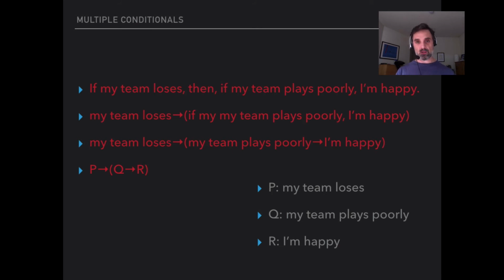So we have a conditional, the antecedent is P, the consequent is the unit Q, arrow, R. We make the consequent a unit because we took Q, arrow, R, and we put parentheses around it. That makes it a unit, and then we can put that in the consequent of another conditional and put the P in the antecedent. So this is a conditional whose antecedent is P and whose consequent is Q, arrow, R.